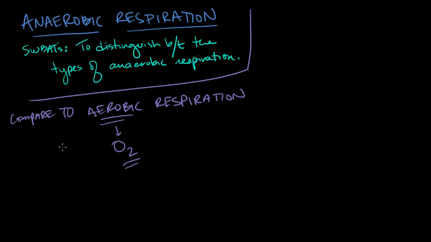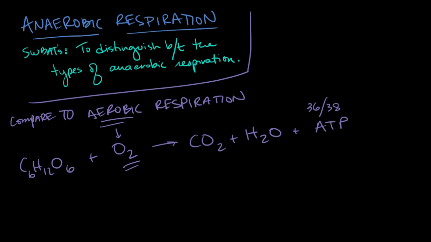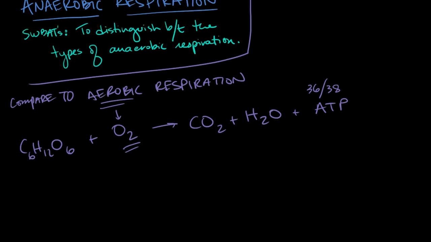The full equation of aerobic respiration is glucose, C6H12O6, plus oxygen, and it gives us CO2 plus water plus ATP, and really it's 36 or 38 molecules of ATP. That's quite a lot of ATP, which is really cool.